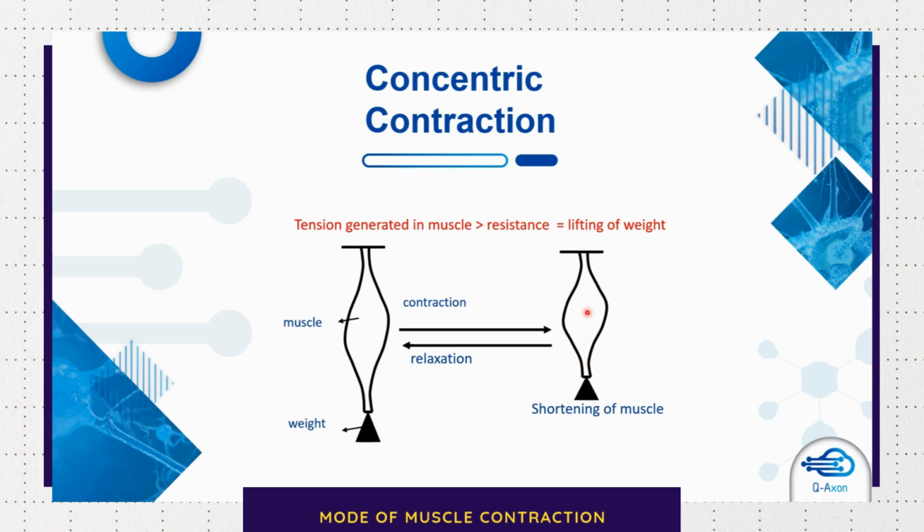So in this stage, the tension is more than the weight, and that is why the muscle is able to lift it. So that means concentric contraction occurs whenever the tension in the muscle is more than the load. So the earlier example of lifting a bucket of water is also an example of concentric contraction because the tension that you generate exceeds the weight of the bucket.